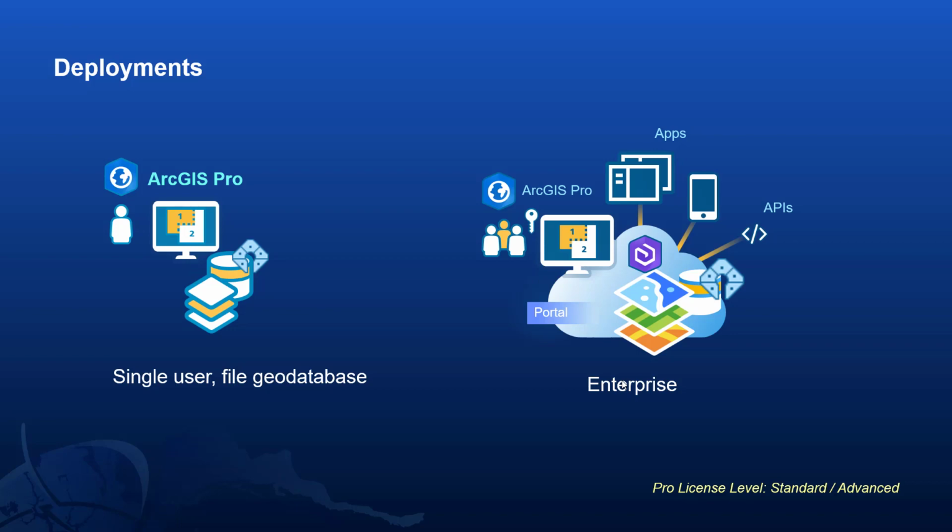However, if you have a need for multi-user editing with versioning, then you need to go into the enterprise environment. And the enterprise deployment uses services that are consumed in ArcGIS Pro, but can also be consumed by web browsers and mobile devices. This gives you branch versioning and the ability to manage groups of users and privileges and access types to your data.